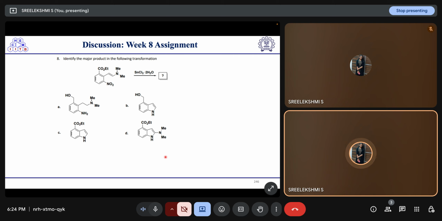Now the next question: identify the major product in the following transformation. This compound, upon treatment with SnCl2·2H2O, which will be the major product here?